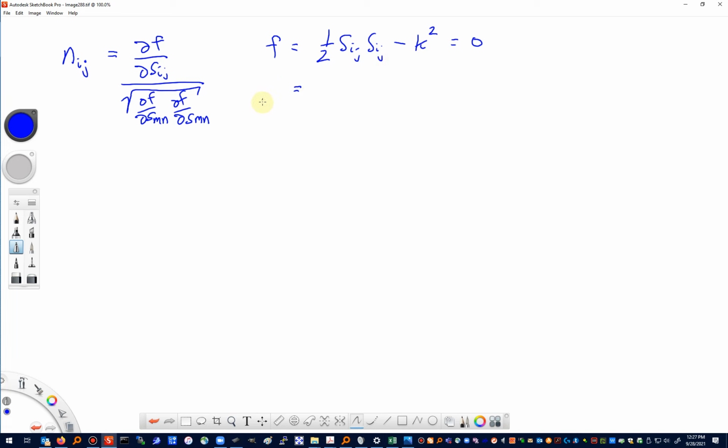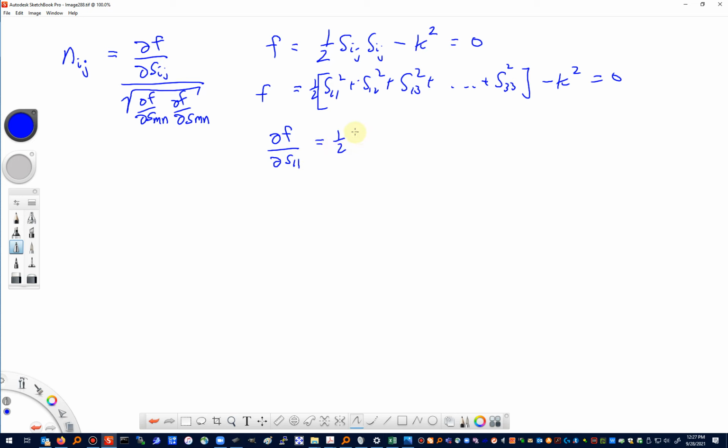So if I were to expand this out, this would look like S11 squared plus S12 squared plus S13 squared plus all the way down to S33 squared, and then minus k squared is equal to 0. If I were to take the partial derivative of f with respect to any one of these components, for example the 1 component, then I would get the 1/2 from out in front, the 2 from the exponent, and then I would get S11.